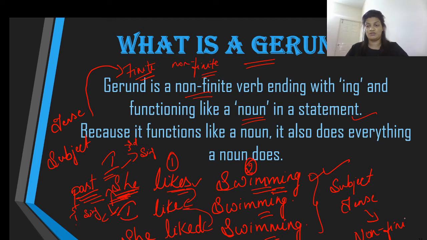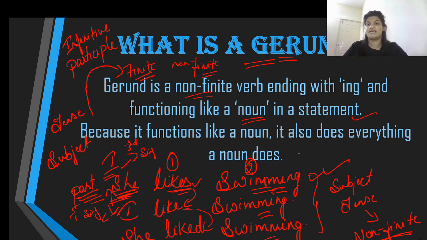All right? And out of these non-finites, we have three non-finite verbs. Number one, infinitive. Number two, participle. And number three is what we call gerund.